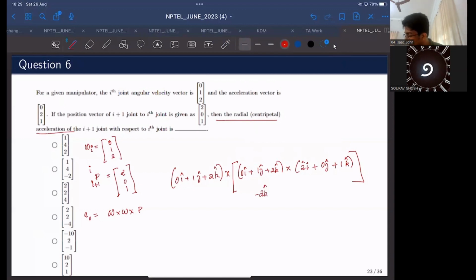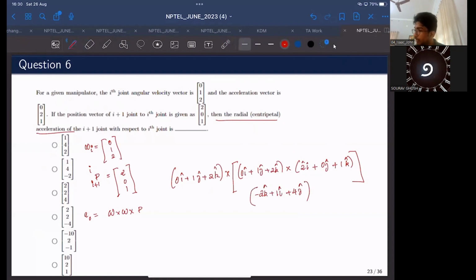Then 1j cross 0j would be 0. 1j cross 1k: j cross k would be 1i. Right? Then we have 2k cross 2i would be 4j. Then 2k cross 0j would be 0. 2k cross 1k would be again 0. k cross k is basically 0.